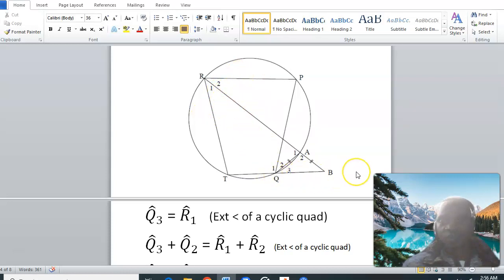When you extend this one and you consider this quadrilateral, that is quadrilateral TQPR, we can say that this angle is also equal to this angle, exterior angle of a cyclic quad. So Q3 plus Q2 is equal to R1 plus R2.